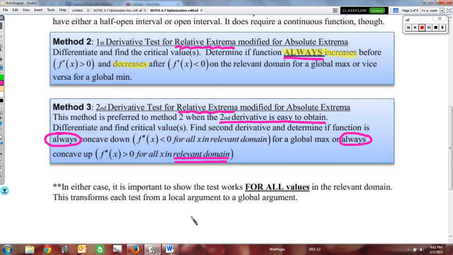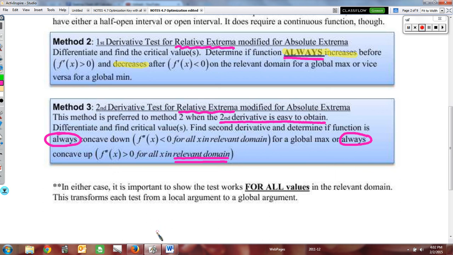So the idea is, in the first derivative test for relative extrema, it had to be a critical value, and the first derivative had to switch signs. Now you need it to be a critical value, and it has to always be positive before and always be negative after. And in the second derivative test for the extrema, it has to be a critical value, and it has to always be concave up or concave down on that relevant domain.